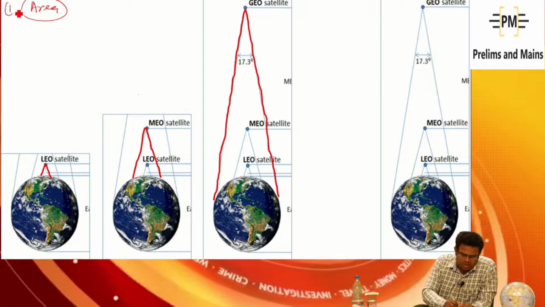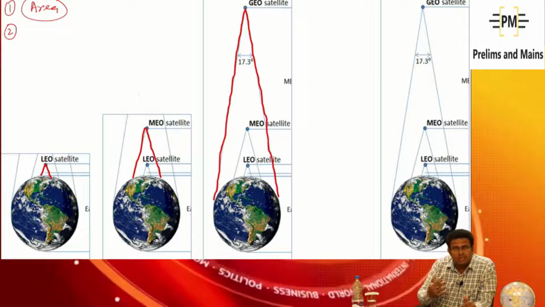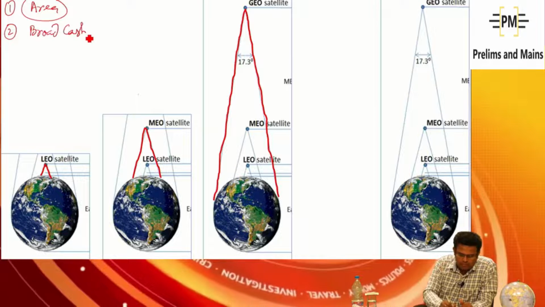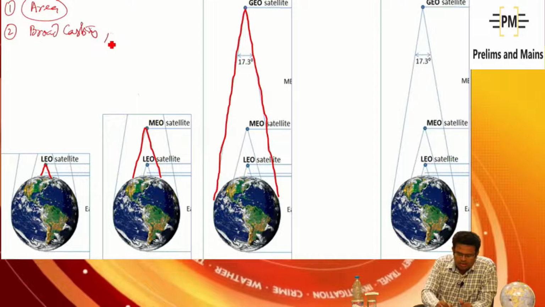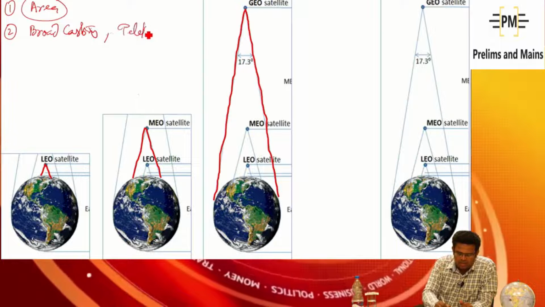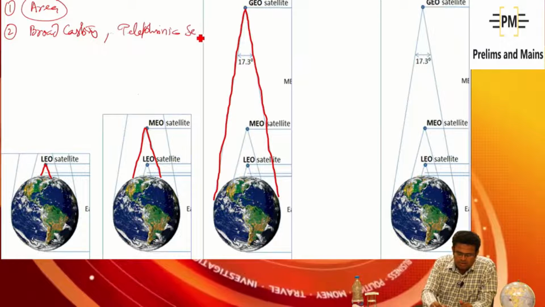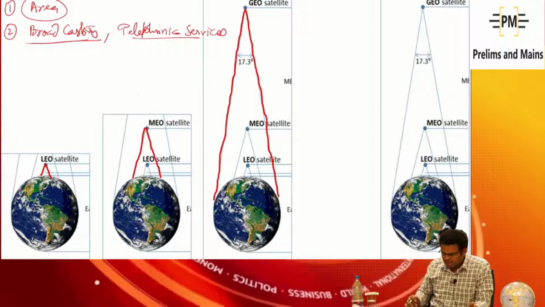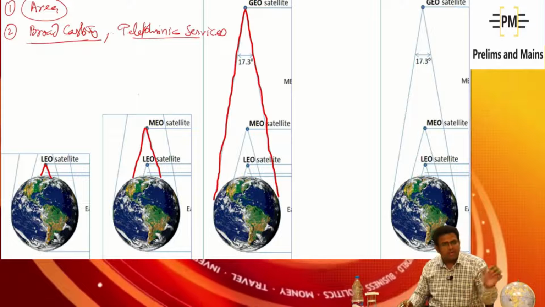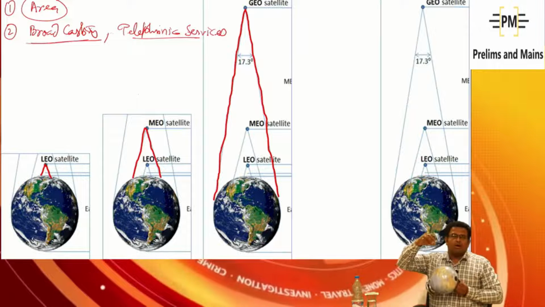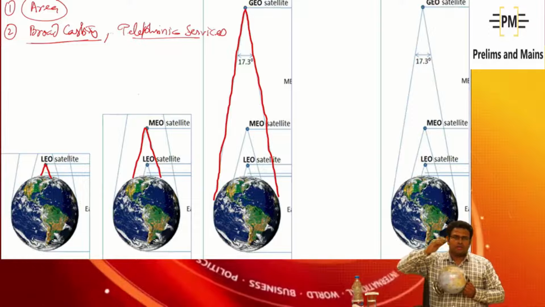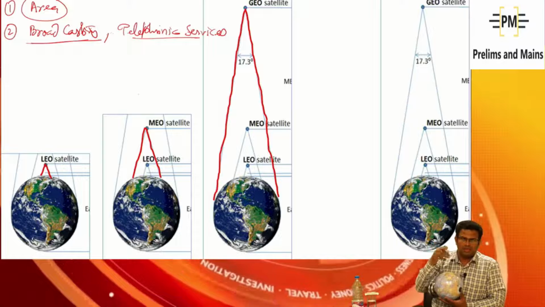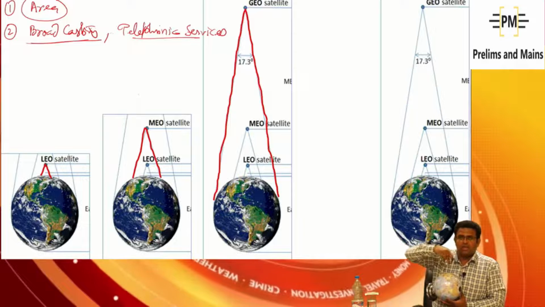My next point is, if I have to send a signal for broadcasting or telephonic services, and suppose the satellite is in the low Earth orbit, around 600, 800, 900 kilometers above the Earth's surface, then it can cover a small area, yes or no?